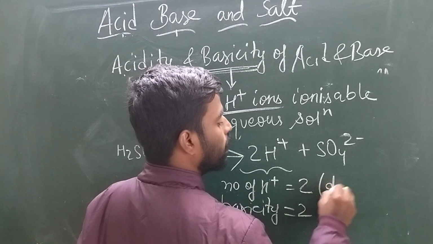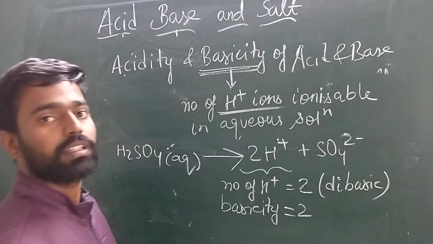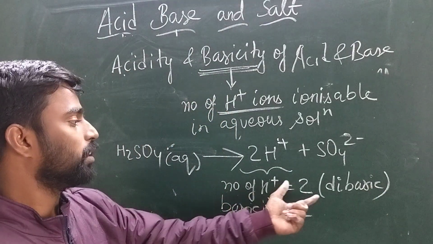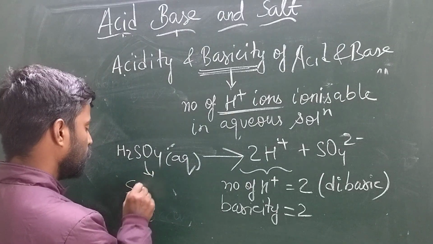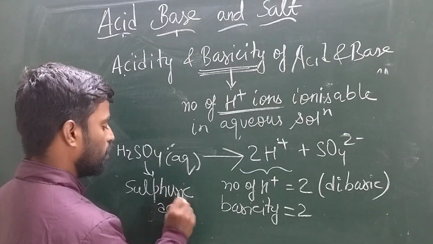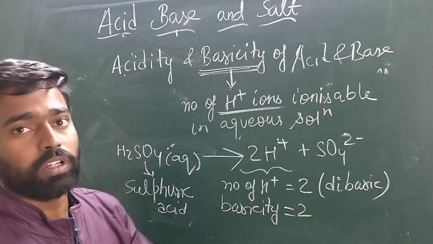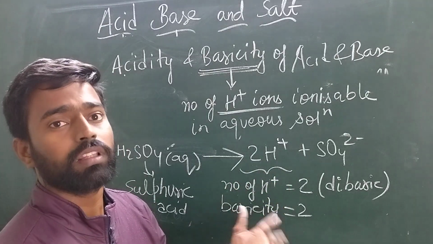So it is dibasic. Monobasic is HCl, dibasic is H2SO4. Sulfuric acid, the king of the acids, is dibasic because it gives 2 hydrogen ions when dissolved in aqueous solution.